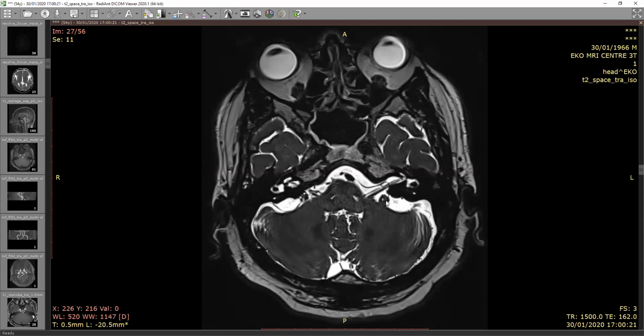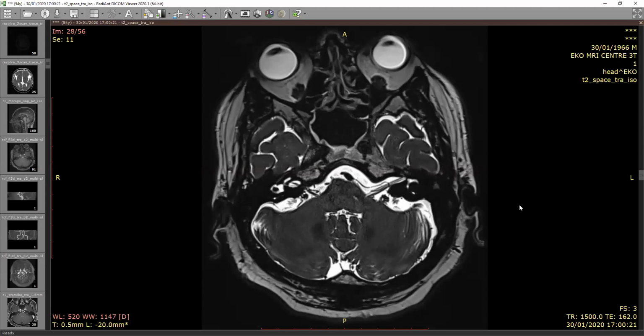So now compare the previous image of the time of flight. Time of flight is mainly used to ascertain the vascularity. So it was showing us the blood vessel, but it was not showing us the blood vessel in conjunction with the 7th and the 8th nerve.